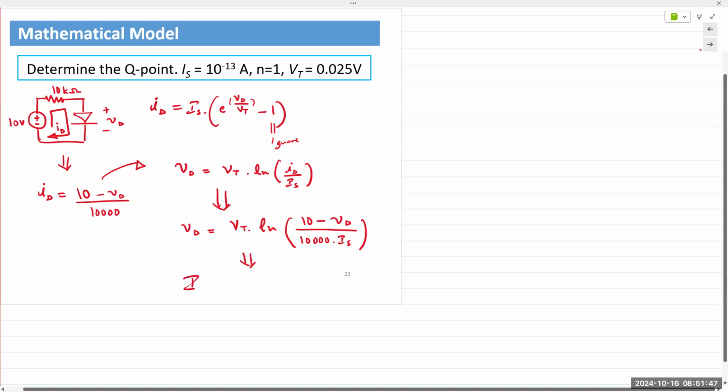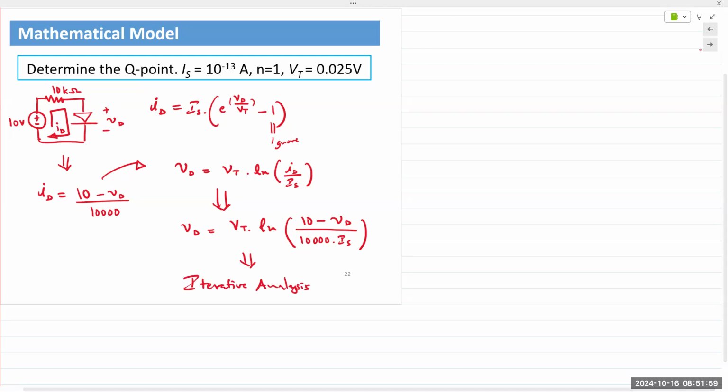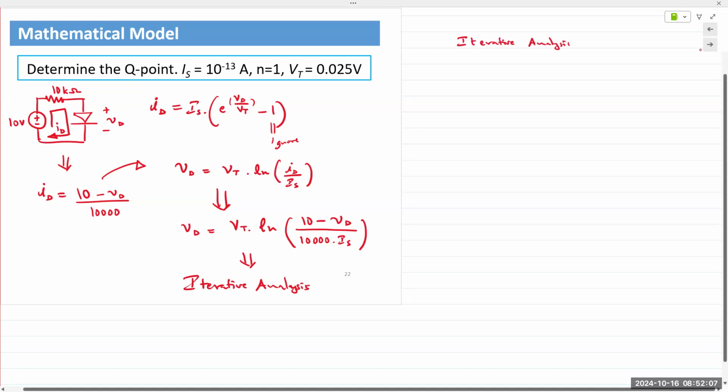So we perform an iterative analysis because we cannot directly solve this equation. And in this iterative analysis, we choose a starting point for a value of VD.